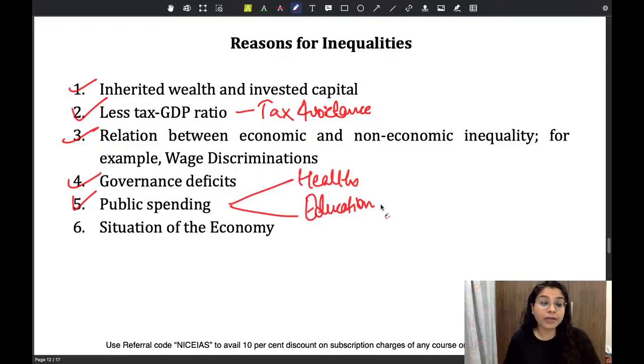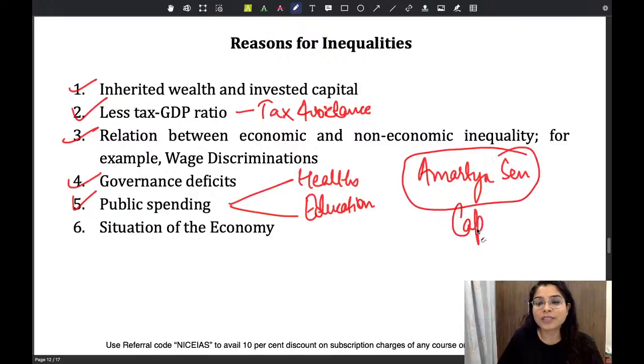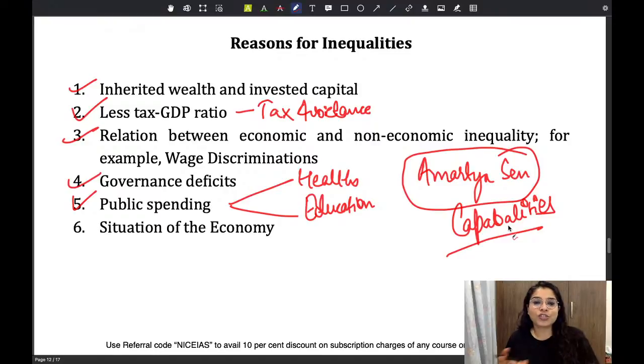If you have not read about Amartya Sen and his capability approach, sometimes sociology, gender studies, everything gets mixed up. Amartya Sen has talked about the capabilities approach, and within this approach, he highlights two things. One, you need to develop your health system, and another, you need to develop your education system.